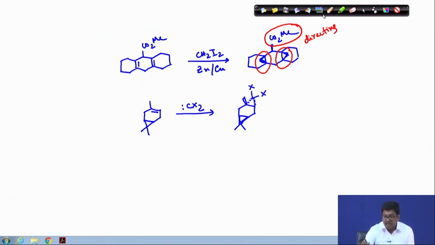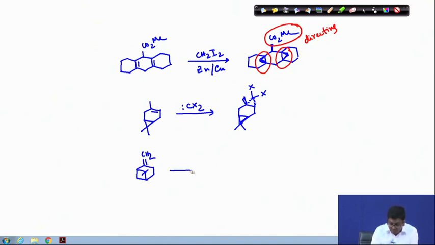Next, what we will see, another example where we have the olefin as an exocyclic olefin like this. Okay. So, we have this exocyclic olefin.